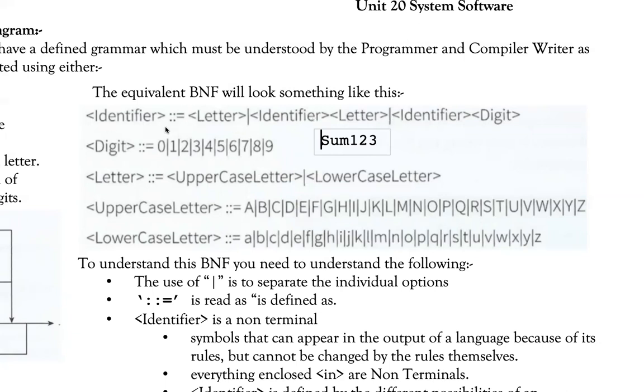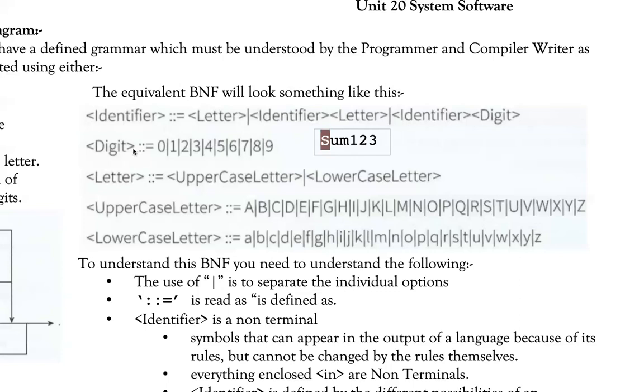Okay, now let's try to understand how this term satisfies the rule of being an identifier. Let's see how a compiler will analyze this term right now. It will start with just one letter at a time, so according to this, it will start with the first letter.